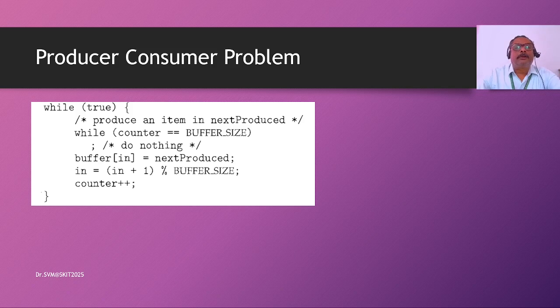So this code is talking all about that, and we are not much bothered about what the whole code is. Just look at the first line. It says that while the counter is equal to the buffer size, which means there is no more space left to write, because the whole buffer is already written and the consumer has not yet read anything, the buffer is full. So as long as the buffer is full, we cannot write anything, so we keep waiting there and do nothing.